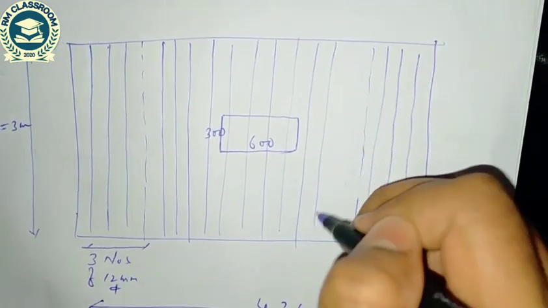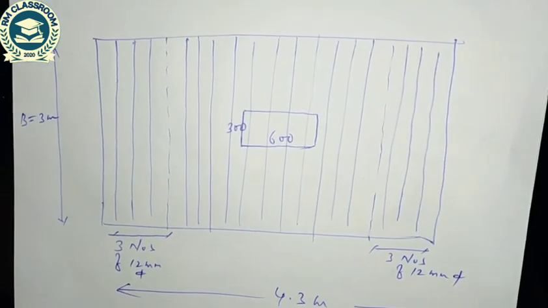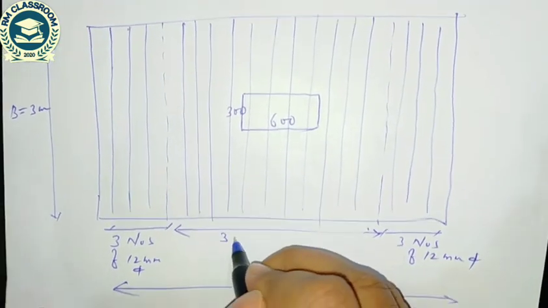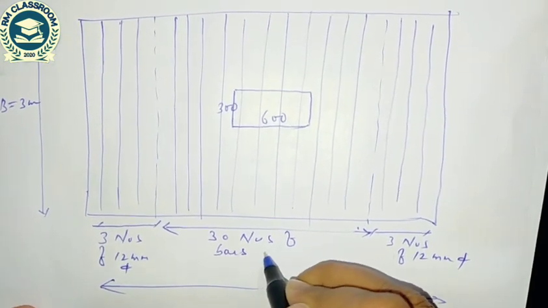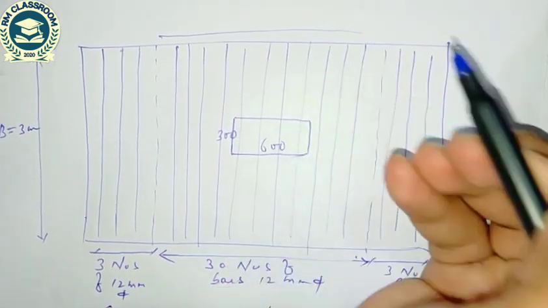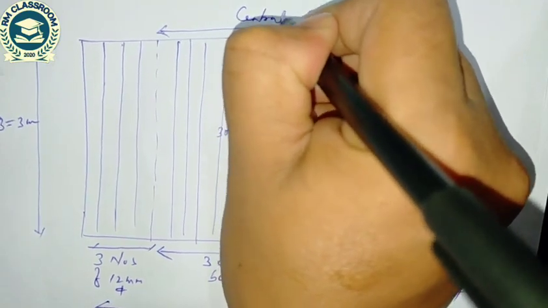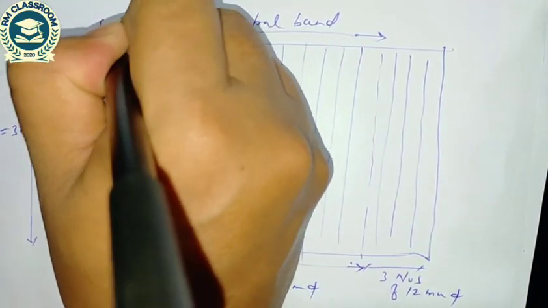So in the central band, 30 numbers of bars, 12 mm phi. So this portion is known as central band. This portion is known as side band.